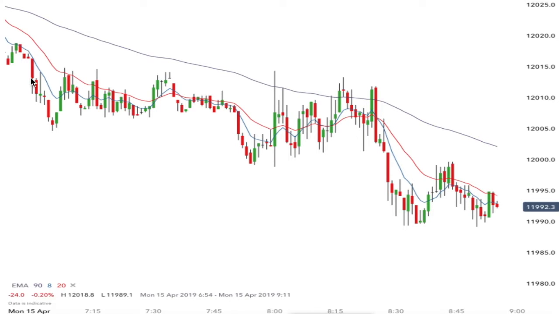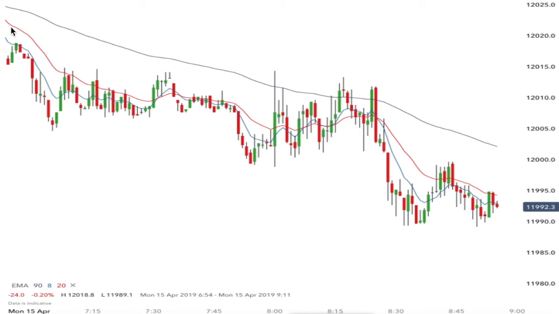You'll see that I've got 3 exponential moving averages on the screen. I've got the 8, the 20 and the 90. So this is providing me with context, especially the longer term EMA provides me with longer term context, which means that this is the 1 minute chart, but I don't need to look at the higher time frame charts because I've got this 90 exponential moving average, which allows me to judge where the supply in this case is likely to be.